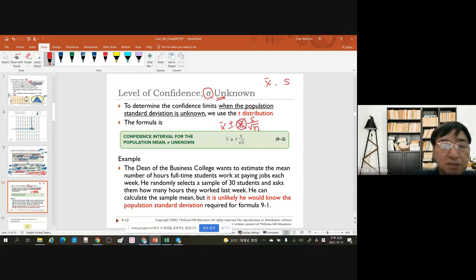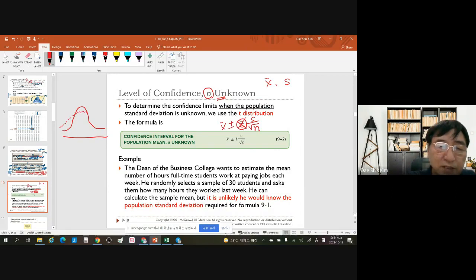The z distribution is bell shaped, like this. But the t distribution, when the sample size is small, is more flat, like this. The previous one is just the normal distribution.